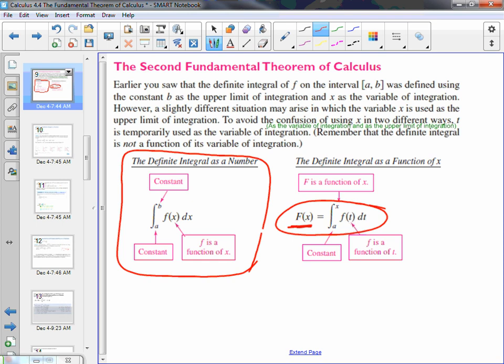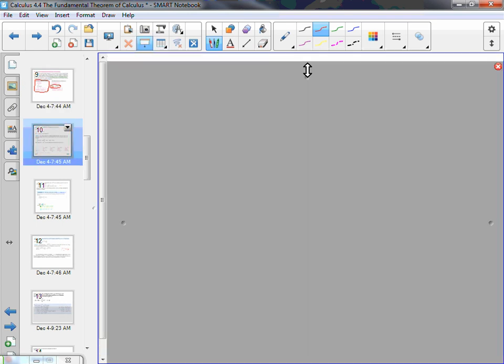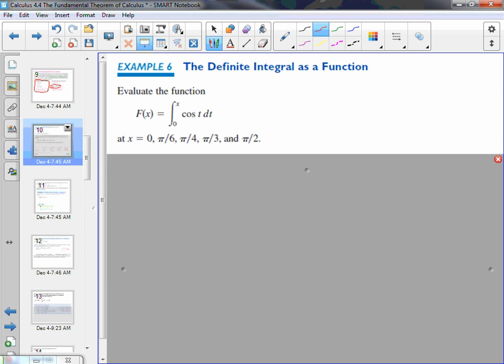Well, it does this. Let's take a look here at example 6. They want us to evaluate the function, and it's a definite integral as a function of x, isn't it? All right, capital F of x equals this definite integral. So this tells us it's a function of x. We need to start recognizing that.